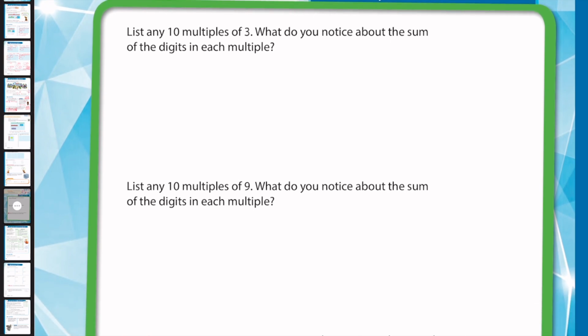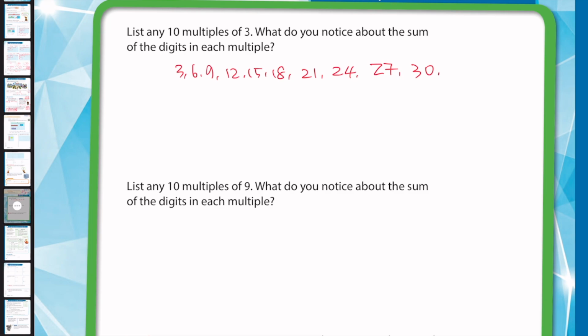List any 10 multiples of 3, and what do you notice about the sum of the digits in each multiple? Let's write down the 10 multiples of 3: 3, 6, 9, 12, 15, 18, 21, 24, 27, and 30.